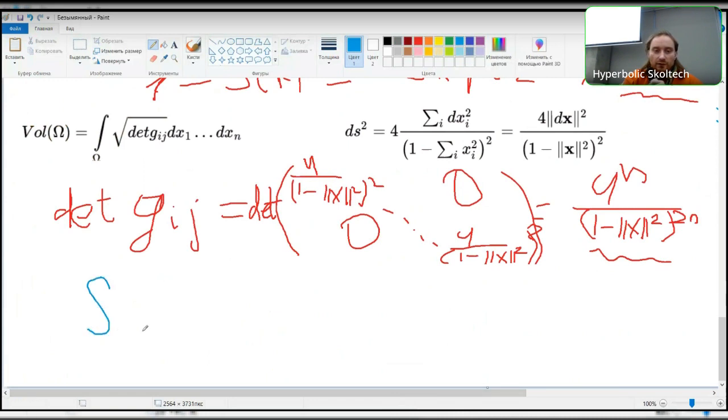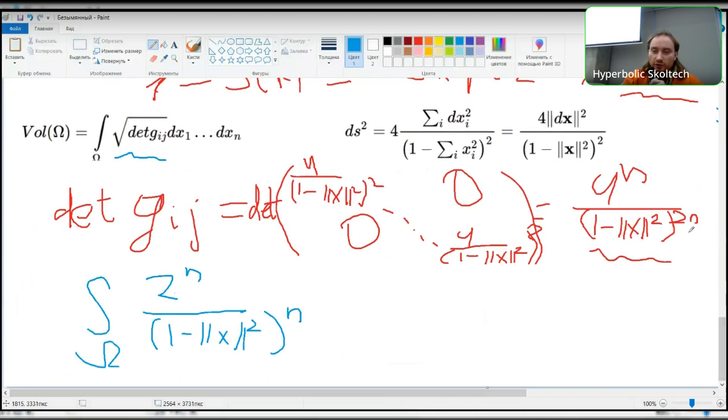So it's the integral of the square root, so this is 2 power n divided by 1 minus norm of x squared power n, not 2n here, since we're taking square root, dx1, etc., dxn. So omega here is a ball of radius rho, the center at 0.